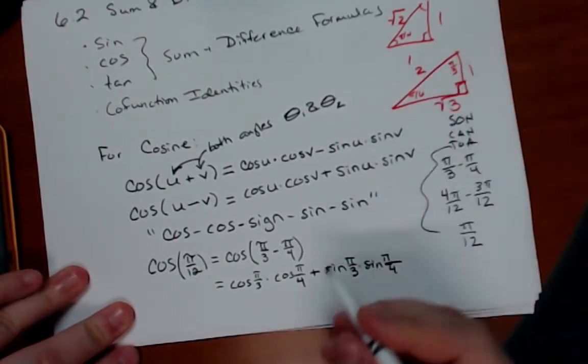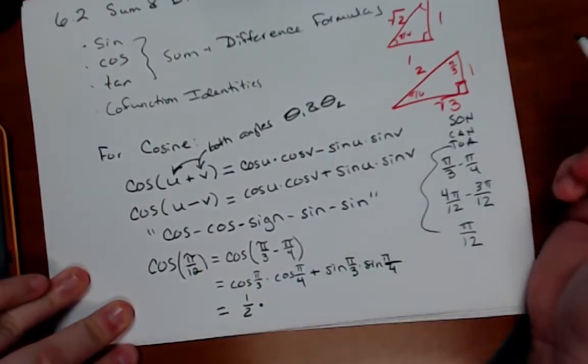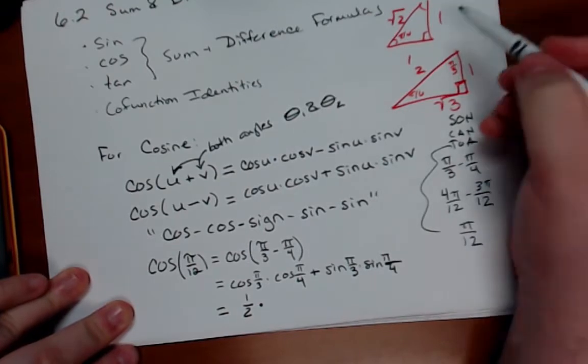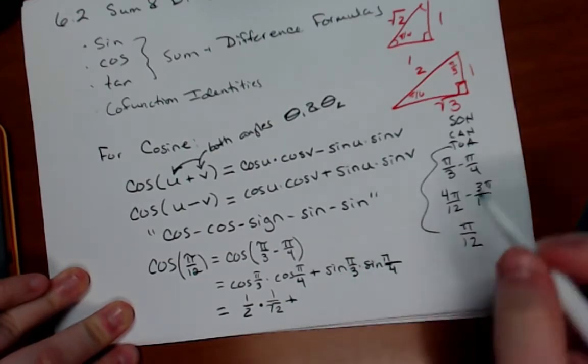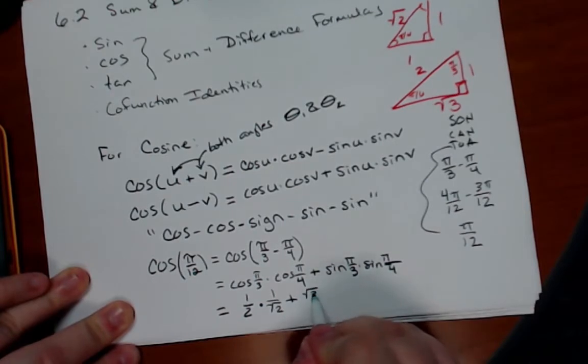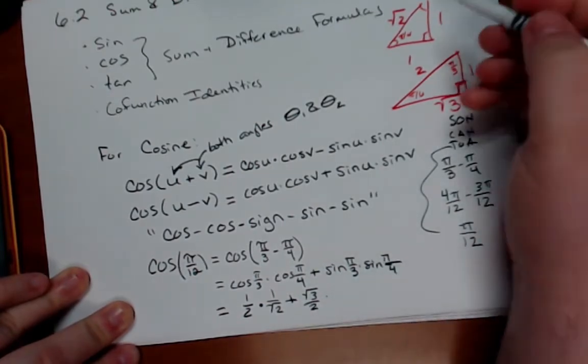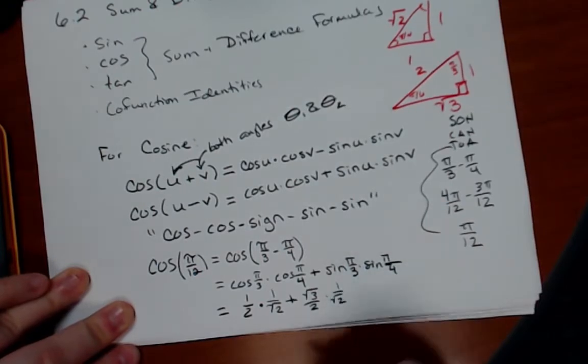So adjacent over hypotenuse, that's 1/2, times cosine of pi over 4, adjacent over hypotenuse, 1 over root 2, plus the sine of pi over 3, opposite over hypotenuse, root 3 over 2, times sine of pi over 4, opposite over hypotenuse, 1 over root 2.